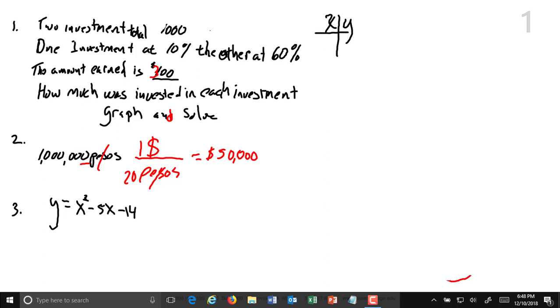For this one, when x equals 0, y automatically equals minus 14. And this is the fundamental theorem of algebra. It says the highest power of the polynomial tells how many x-intercepts it has.